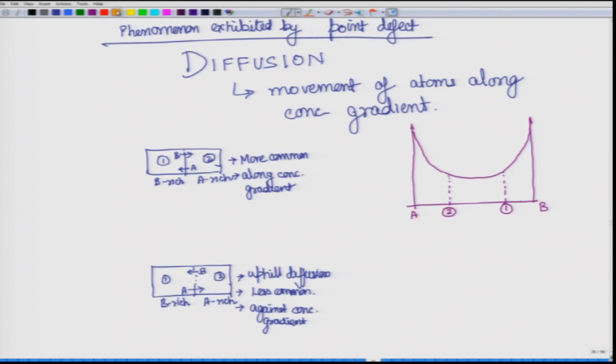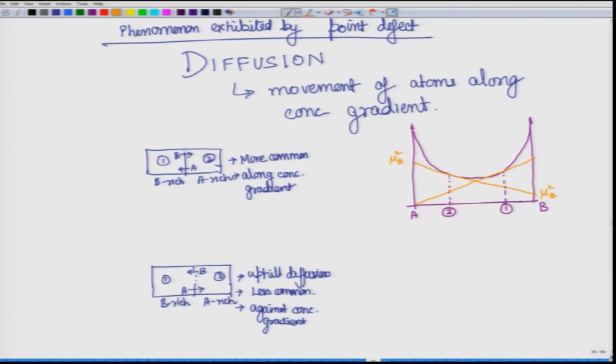Now, if you take the slope, which will give you the chemical potential at these concentrations, this will give you chemical potential of B in system 2, this will give you chemical potential of A in system 2. Similarly, let us look at the concentration gradient for the chemical potential of A and B in system 1.